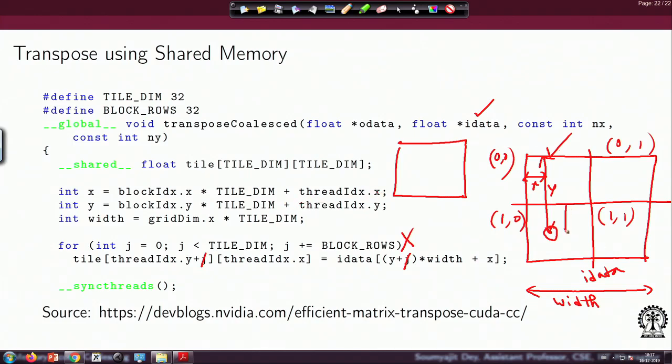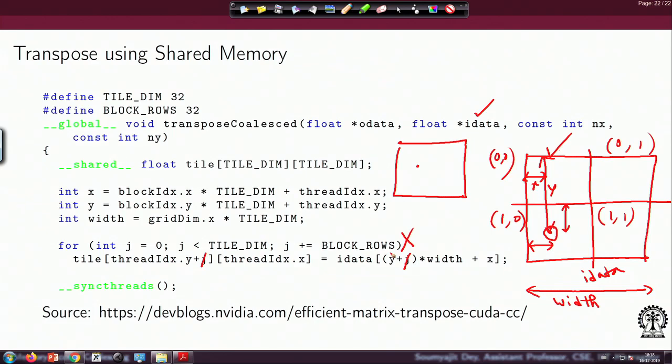So this essentially would be my threadIdx.y, and this essentially would be my threadIdx.x, that is the offset inside the block, right. And that is exactly the corresponding matching location in the tile in the shared memory where this thread would be loading the value, right. So essentially I have this tile which has been defined, and what the thread is doing is a load of this tile, right.